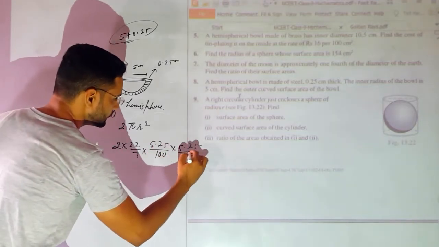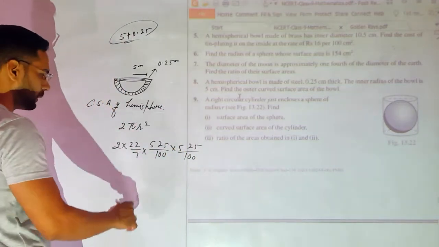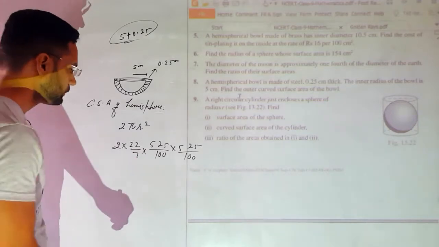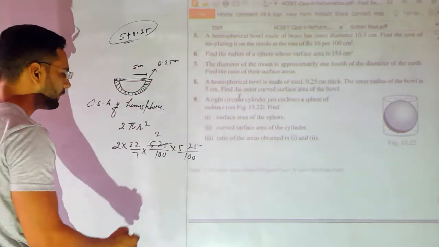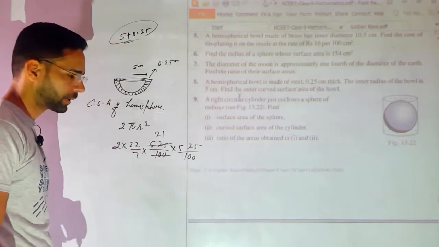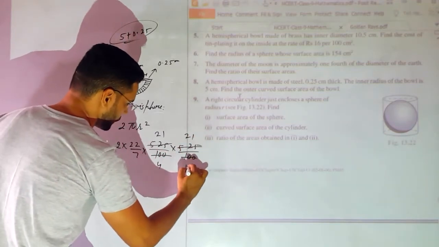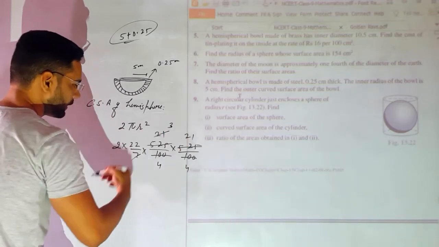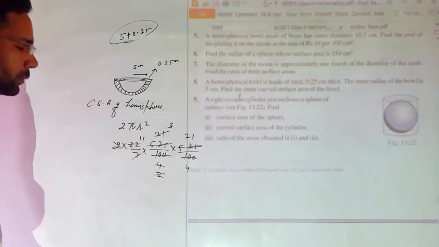Remove the decimal, so it becomes 21 over 4. Now 7 3s are 21, 7 3s are 21, 2 2s are 4, 2 11s are 22.